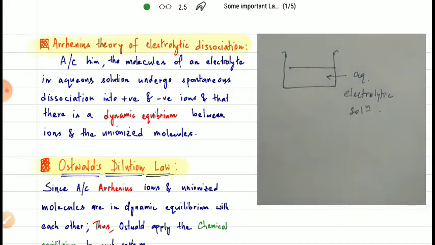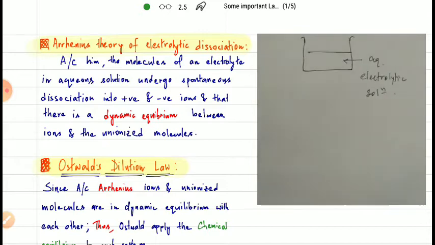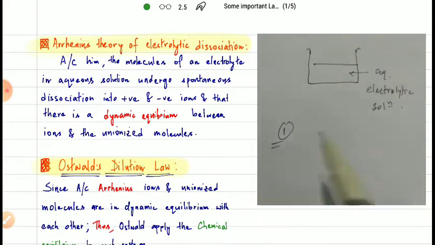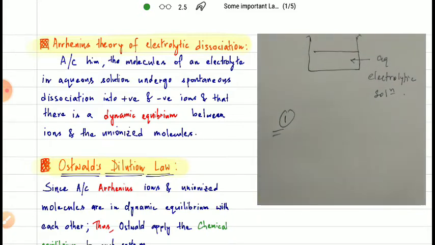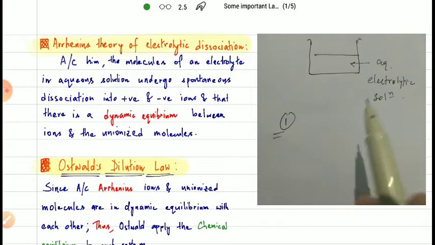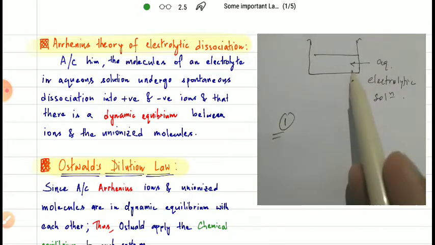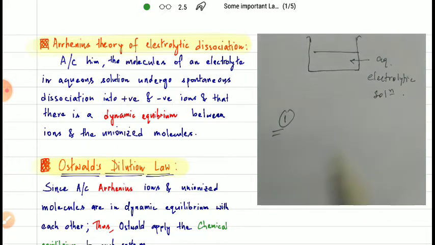According to this theory, it consists of 2 points. The first point is that the electrolytes in that aqueous solution undergo spontaneous dissociation.